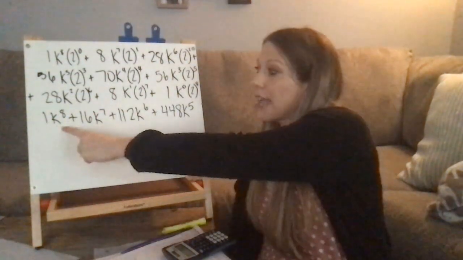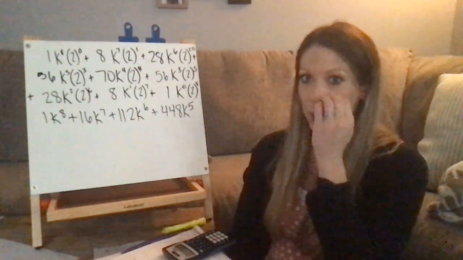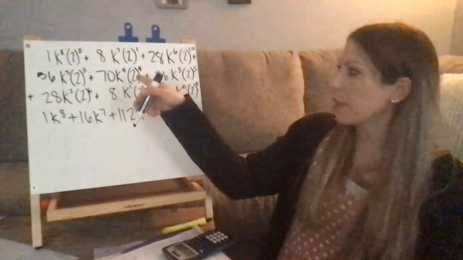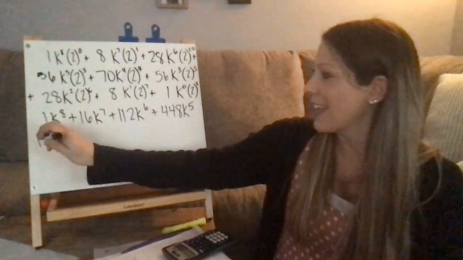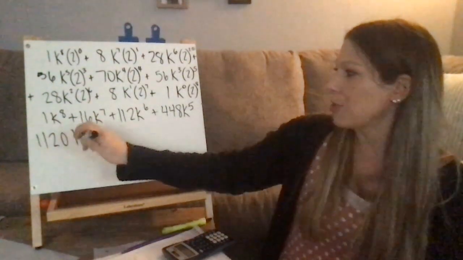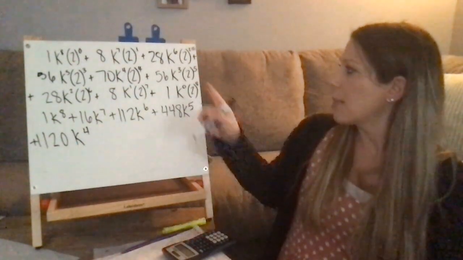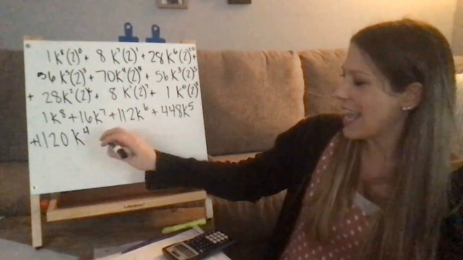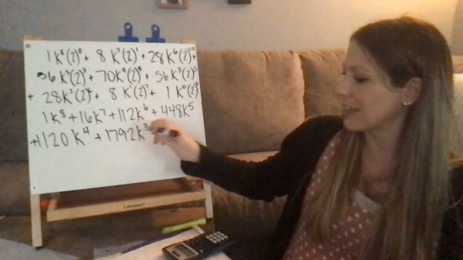But you'll notice that your k's are still going down, the degree is going down by 1 each time, and that pattern will continue. So here we have 2 to the 4th, 16, times 70, 1,120. We're on k to the 4th. Forgot my plus sign. Here we have 2 to the 5th, 32, times 56 is 1,792 k to the 3rd.